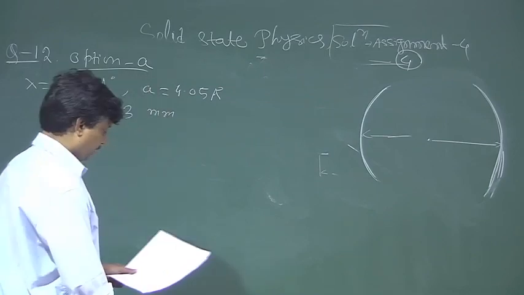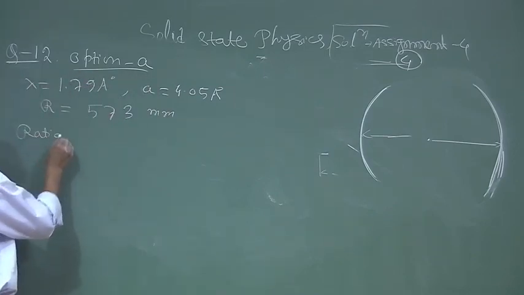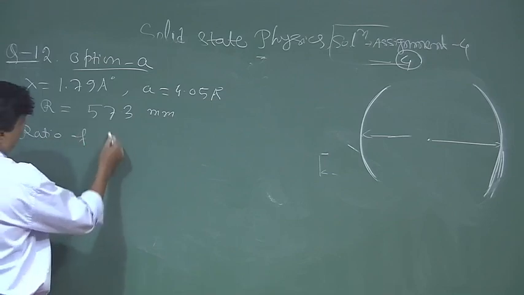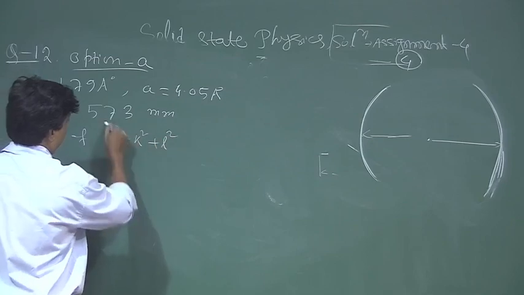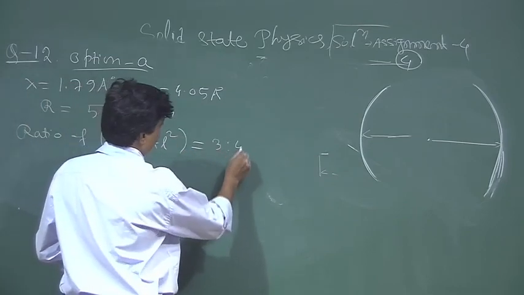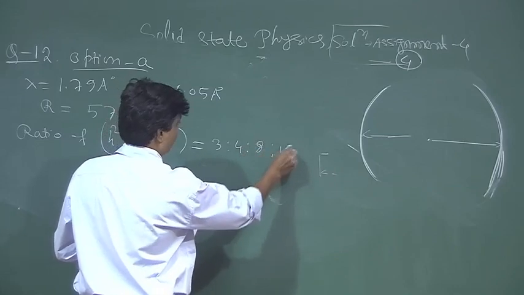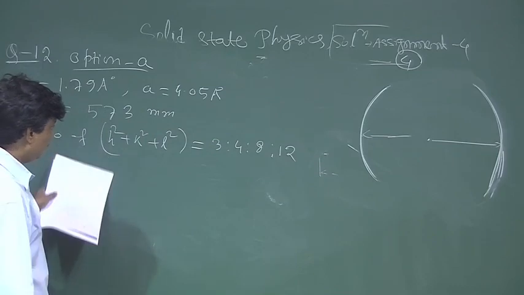So, in case of the FCC lattice, we know that the ratio of h square plus k square plus l square comes in this ratio 3:4:8:12, like this. And it corresponds to which planes?